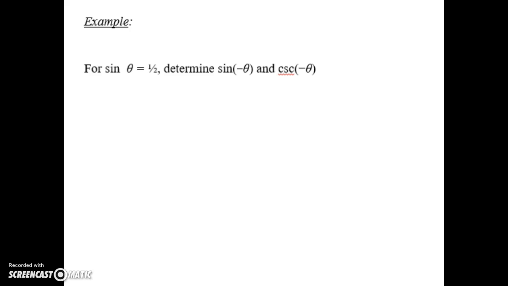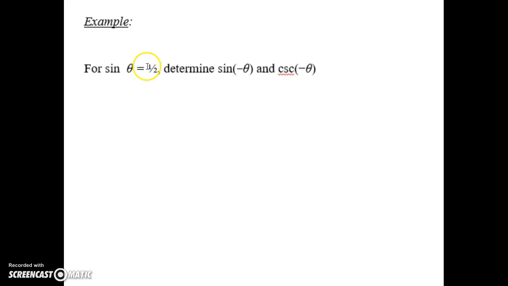So here it says, for the sine of theta equals 1/2, determine the sine of negative theta and the cosecant of negative theta. If the sine of theta is 1/2 and sine is an odd function, then when I feed it a negative value, that negative pops out front. So it's very easy, I don't even really need to write on the screen, because the sine of negative theta has to be negative 1/2.